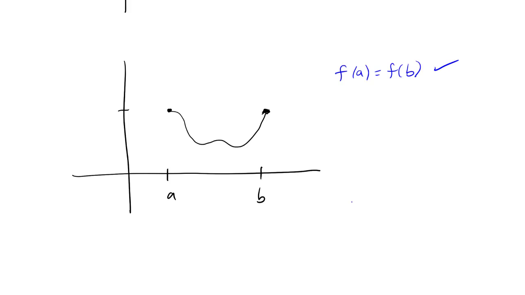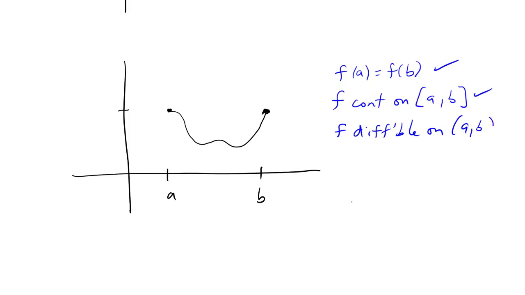All right, here's one where we have f of a equals f of b. We have f continuous on the closed interval [a, b], good. And we have f differentiable on the open interval (a, b), good. So Rolle's theorem applies. I should be able to find at least one place where the derivative is 0.